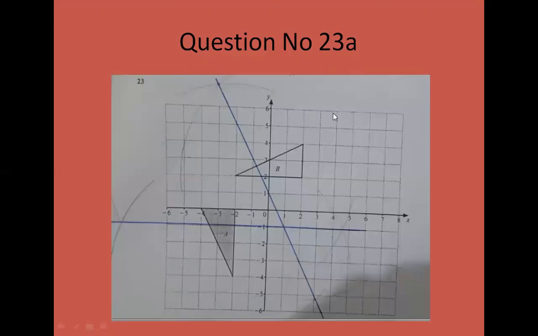Now, I am taking this point and this point. They are the same points in the image and the object. From this point, I will draw an arc here and an arc here. From this point, I will draw an arc here and an arc here. Where these arcs intersect, I will join these points with this blue line you can see. So that's the perpendicular bisector.